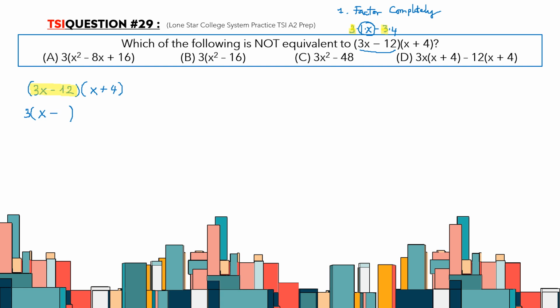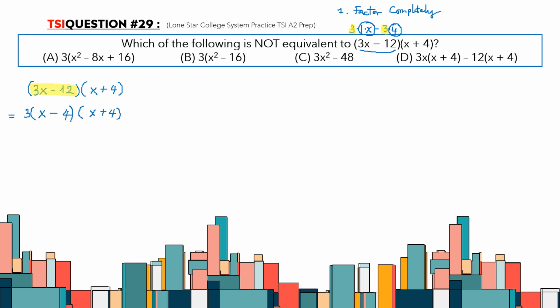Minus 12, when we take 3 out, we are still left with 4. So x minus 4. Now we copy down the x plus 4 factor since we're not working on it.